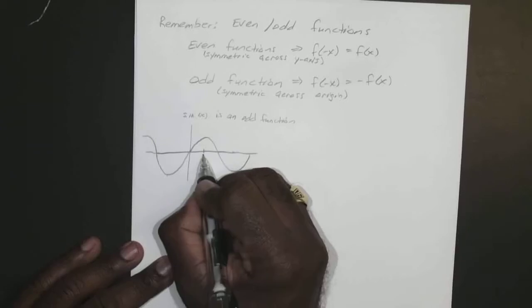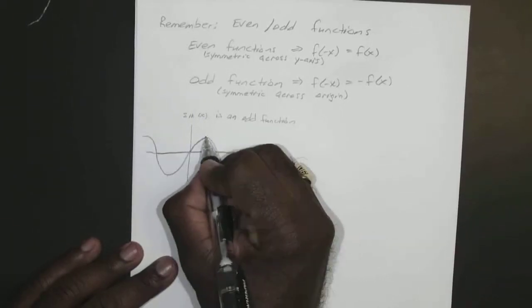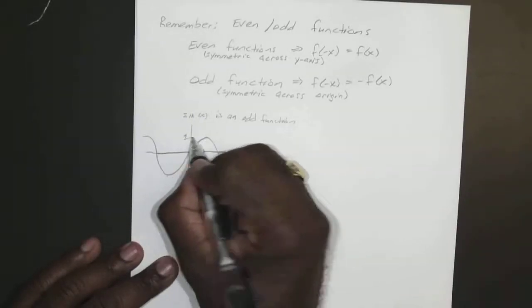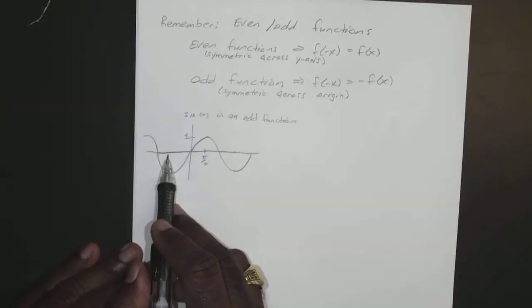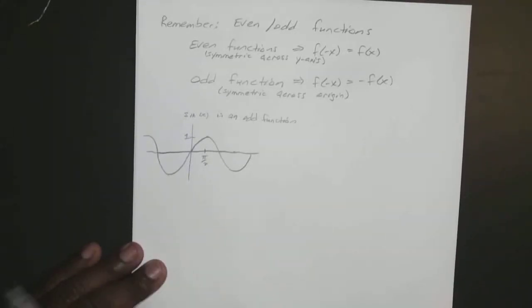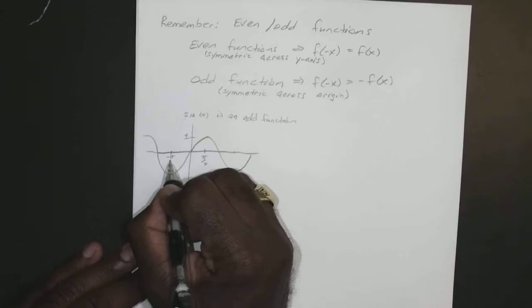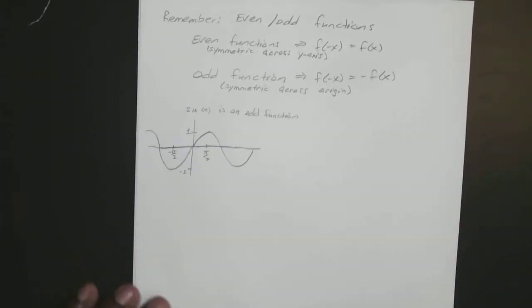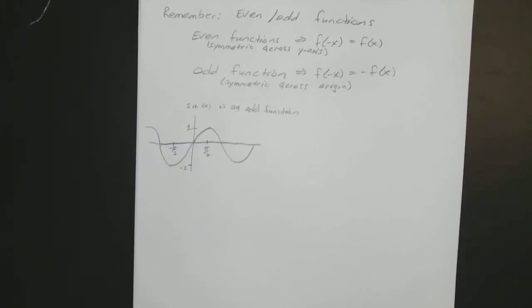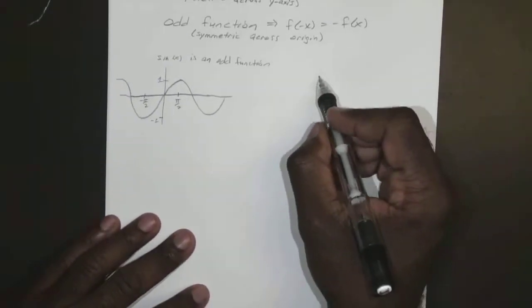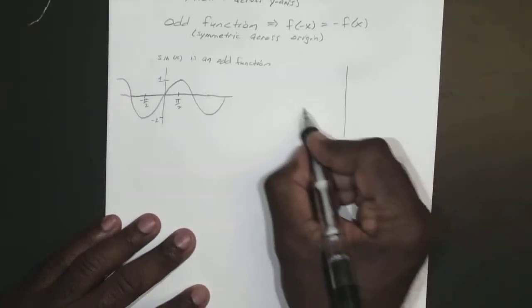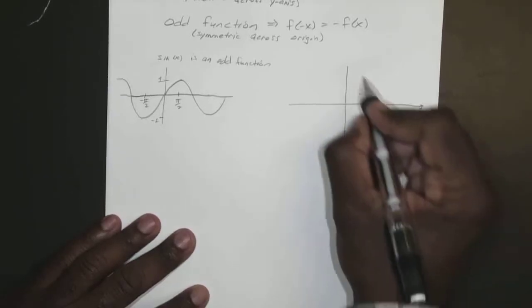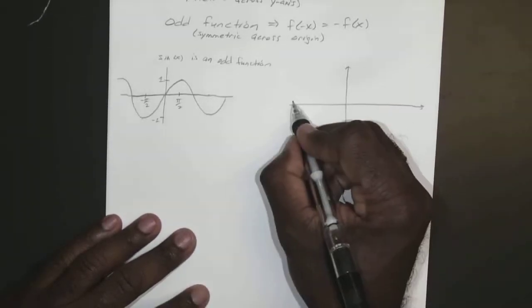Because if you have sine of pi over 2, that's equal to 1. And sine of negative pi over 2 would be negative 1. Okay. So if we go for cosine, same thing. Well, it's not odd, but same thing as far as application.